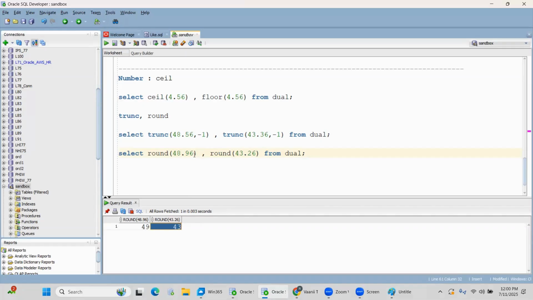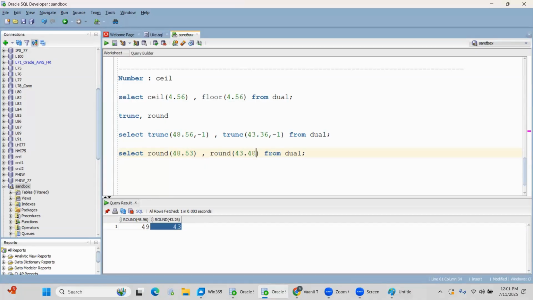Now let me make it a little bit more tough. Let's make it 48.53, and here I'm going to make 43.48. Now it's not very easy, right? So tell me the answer now. 49 and this is 43. Anyone else?